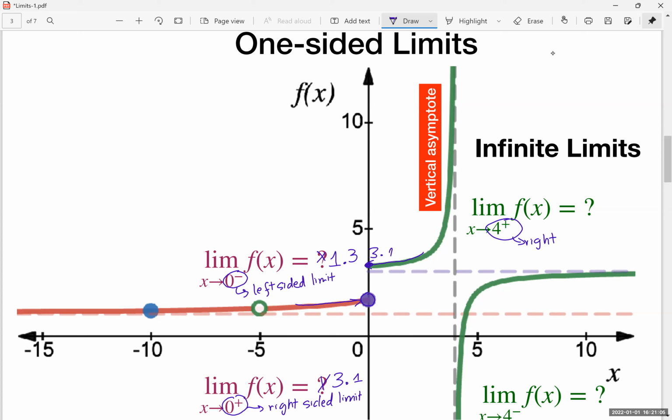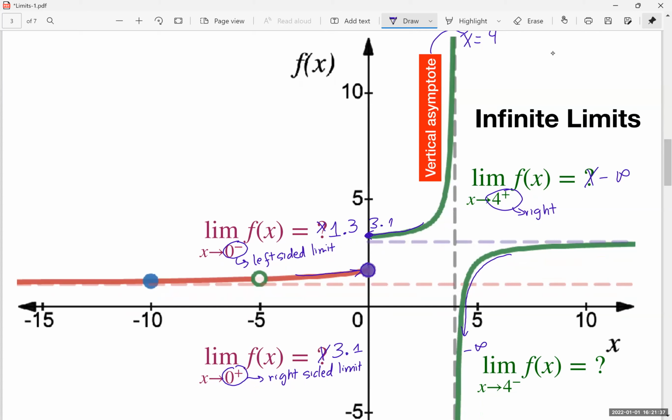So from the right, we observe the value of the function, and we know that because it's the vertical asymptote when x equals 4, that means the function will go down to negative infinity. And when x goes to 4 from the right, the limit is negative infinity.